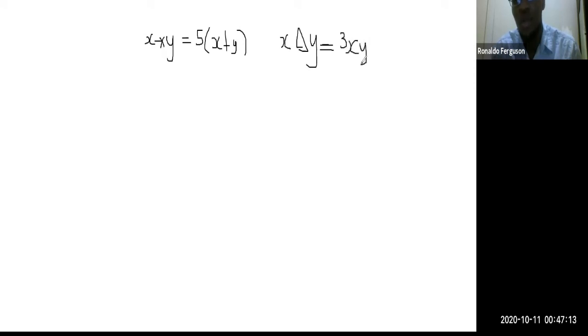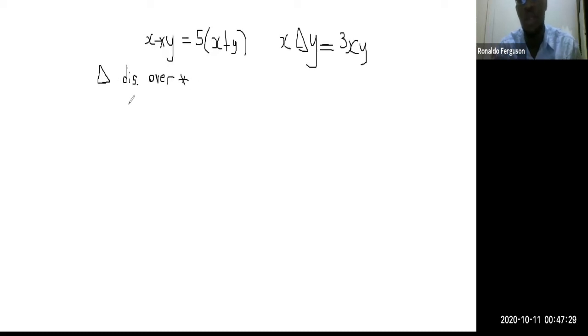And so now we want to show if delta is distributive over star. This is what we're testing for now.